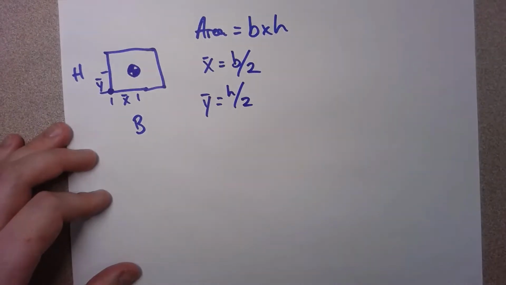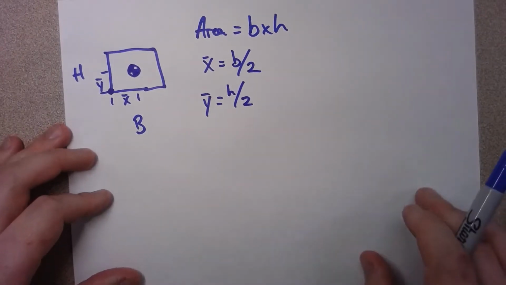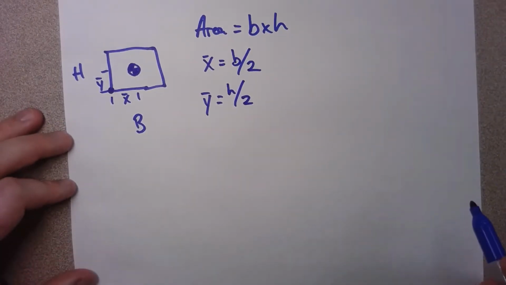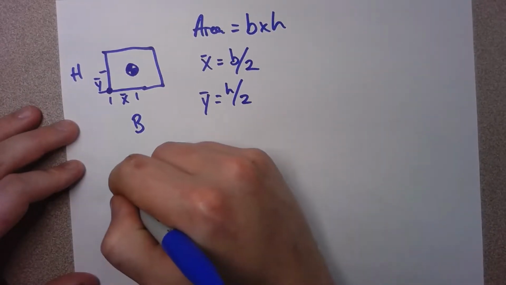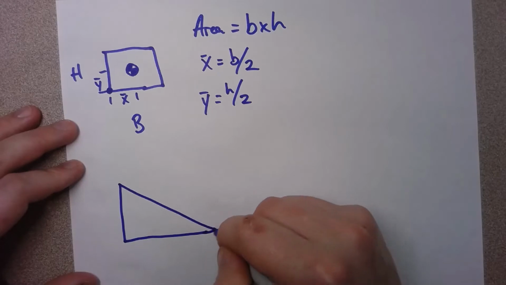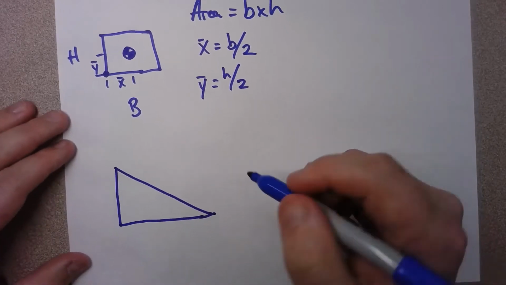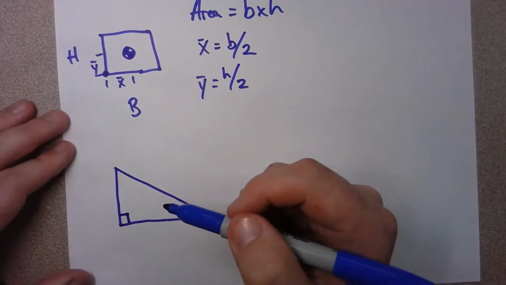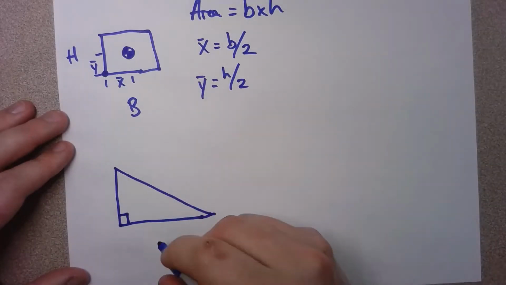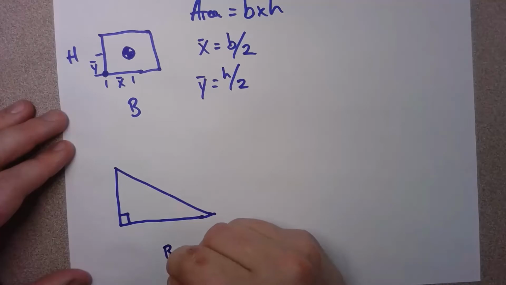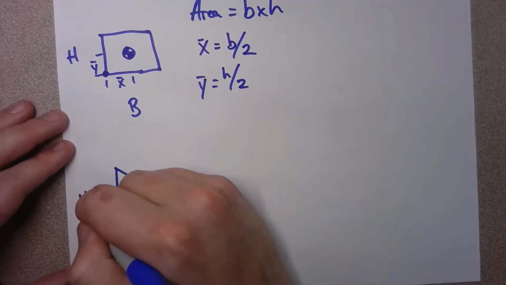Another simple shape that we use often when calculating complex centroids is a right triangle. So a right triangle looks sort of like that. Put the right triangle symbol in there. And just like the square or rectangle, a right triangle also has a base and a height.